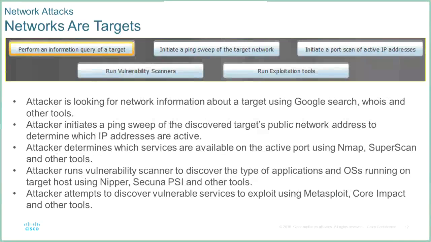Basically, a ping sweep will sweep a whole heap of addresses, and where it gets a confirmation of an address, it gives them an address that they can start attacking against and do more intrusive gathering, such as doing port scans using Nmap or SuperScan. There's other tools out there.